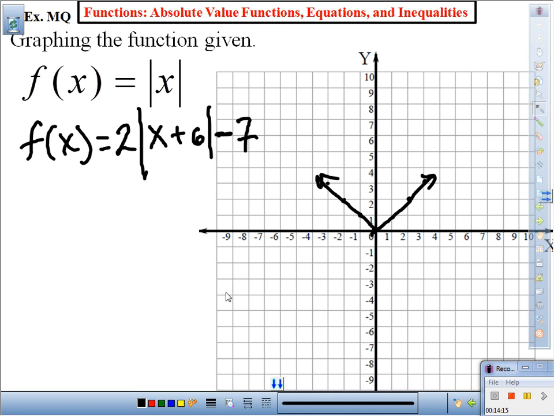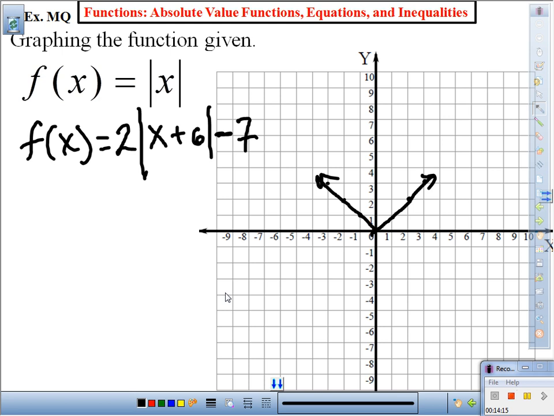Look at it. Tell me the 3 different transformations that are going to happen to the original one. Talk it over with your neighbors. All right. Who sees that it's going to stretch? Okay, it's going to stretch.